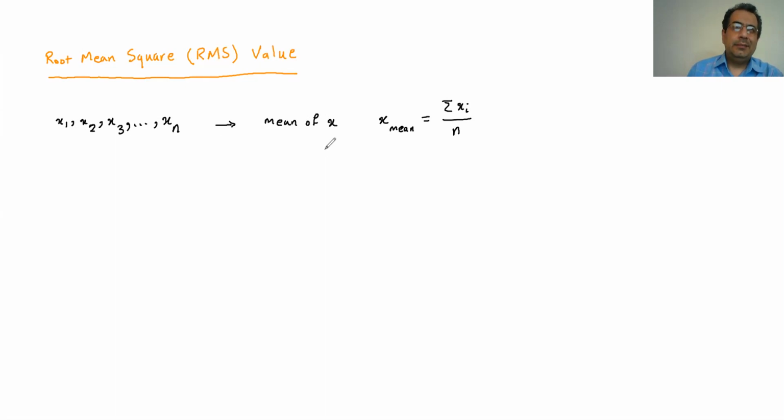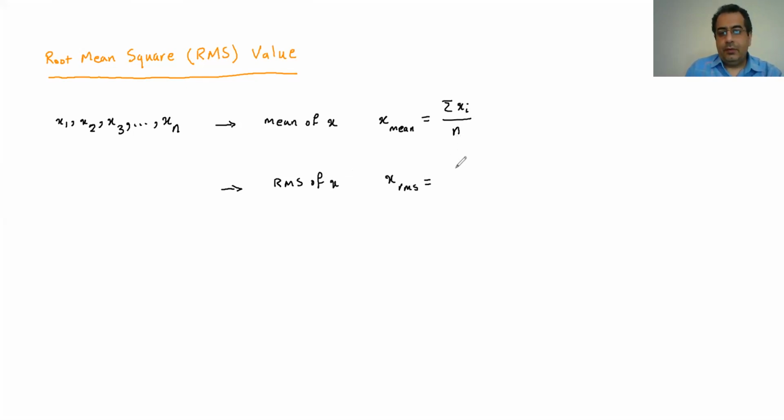There is a similar concept to the mean of x that is called the root mean square of x, the RMS of x. You see, for the mean we add all of them, then divide by n.